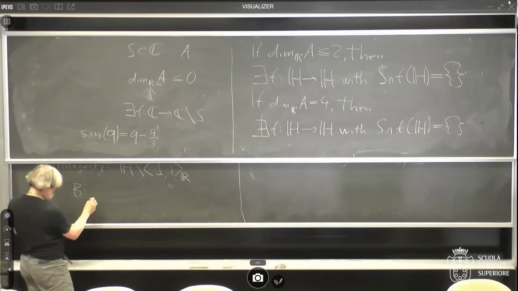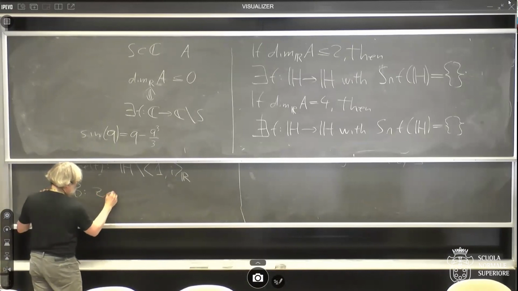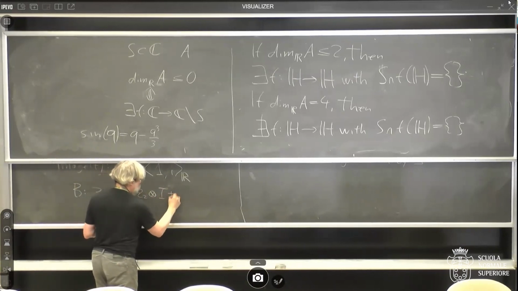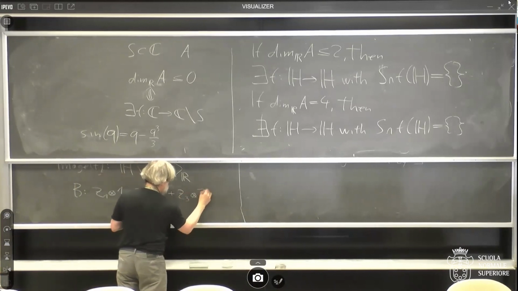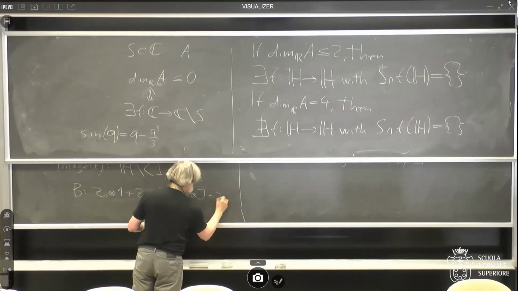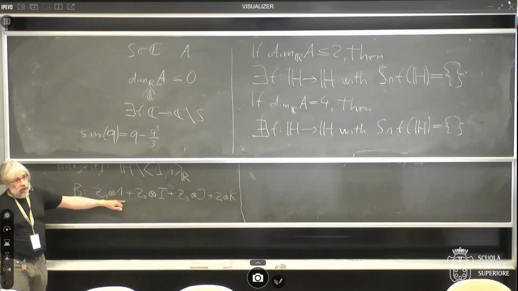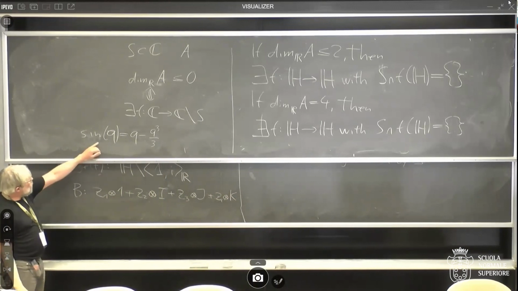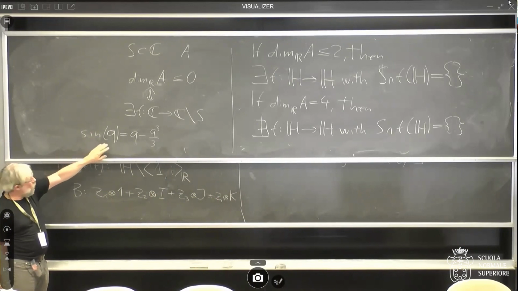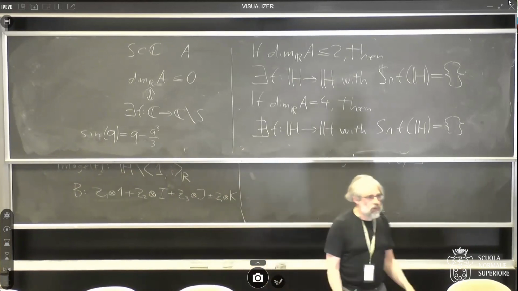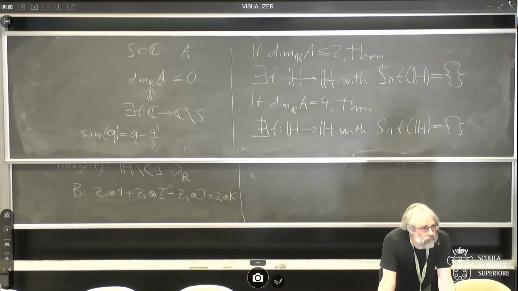You have Z1 tensor 1 plus Z2 tensor I plus Z3 tensor J plus Z4 tensor K, and then this is just the usual bilinear product. In fact, you just have to use power series for complex entries, and there it is obviously true that sine square plus cosine square is still 1. Okay, good.